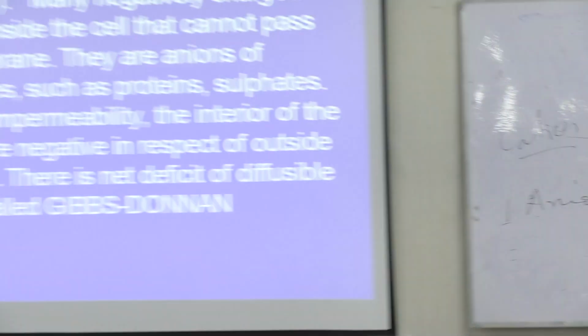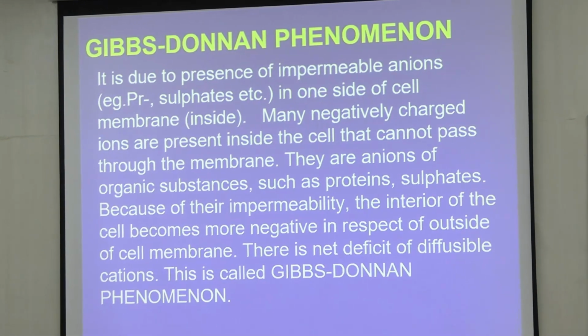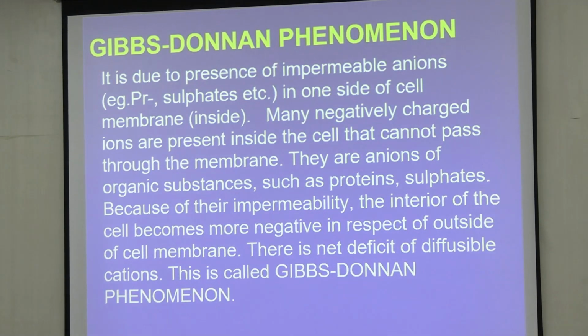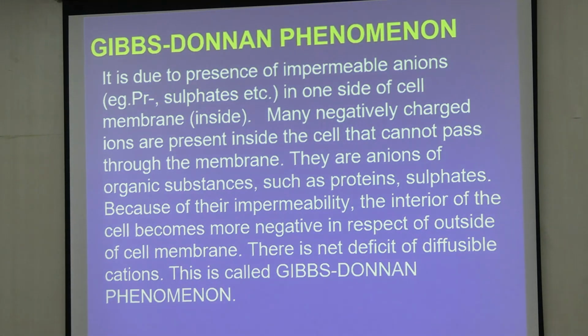The Gibbs-Donnan phenomenon. What is this? It is due to the presence of impermeable anions like protein and sulfates on one side of the cell membrane, that is inside. Many negatively charged ions are present inside the cell that cannot pass through the membrane. They are anions of organic substances such as protein and sulfates.